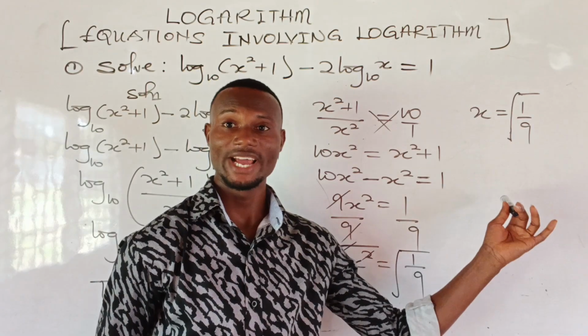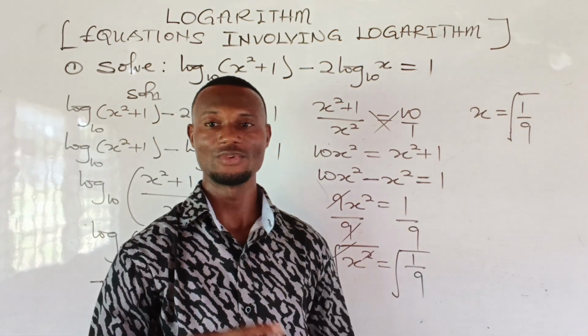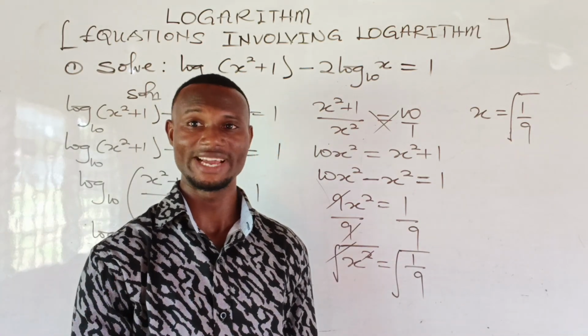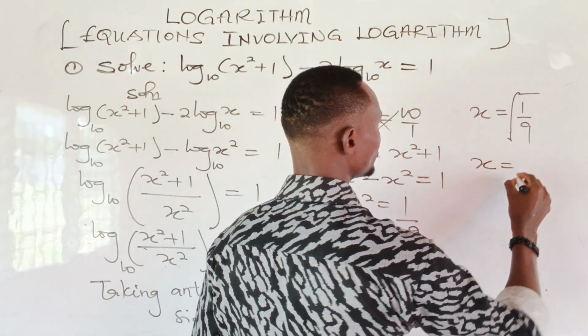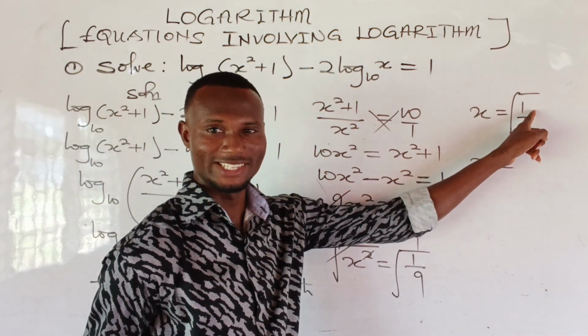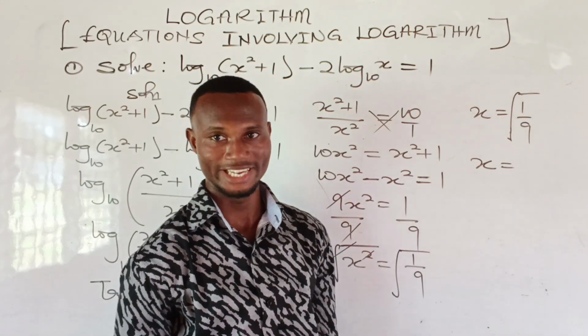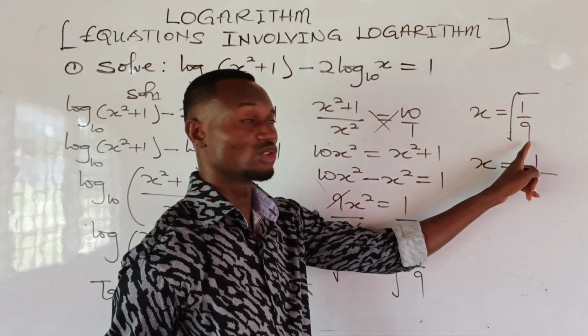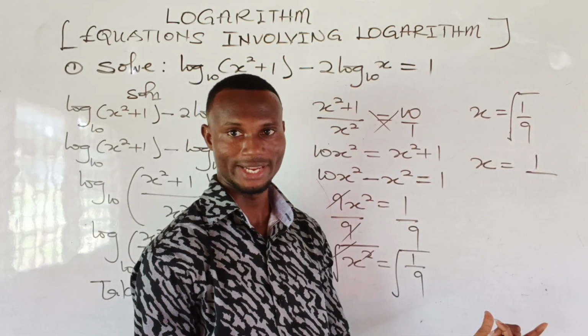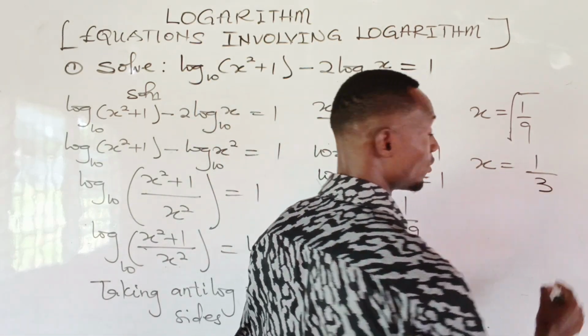Now, the square root of 1 over 9, I've taught you in the previous videos. Simply, the square root will affect the 1 here. So square root of 1 is 1. So 1 over the square root of 9, which is 3. So I'm going to have 1 over 3.